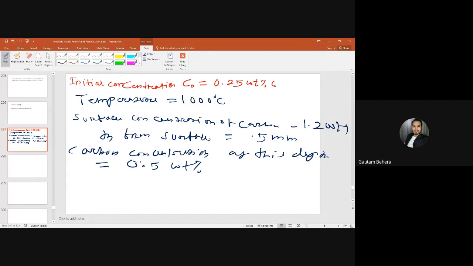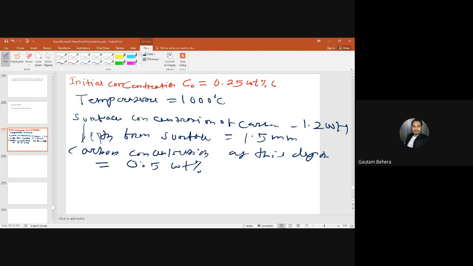And the carbon concentration at this stage is 0.5 weight percentage. The depth from the surface is 1.5 mm.